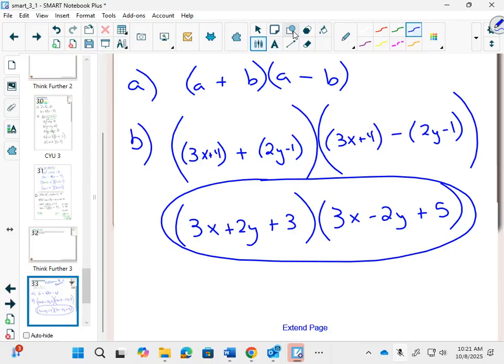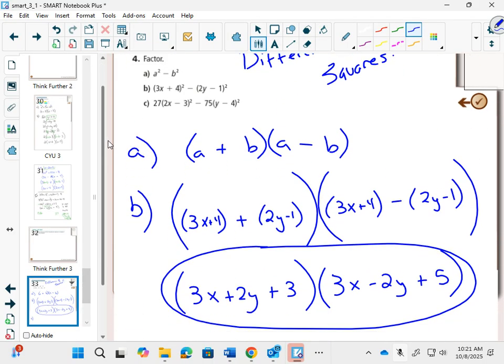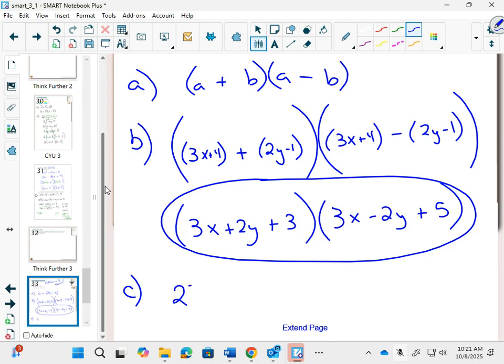And then part C. Part C, 27, I'm going to rewrite it out here. 27, we have x plus 2x minus 3 all squared minus, and then we've got 75 y minus 4 squared.